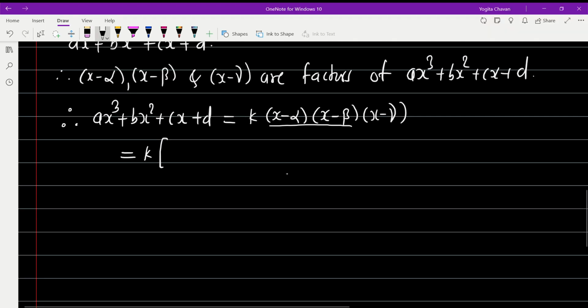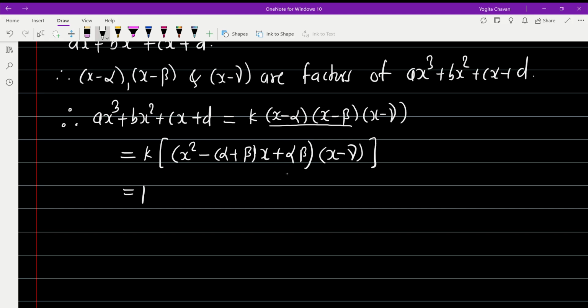So this is the product of x minus alpha into x minus beta, and one more factor x minus gamma.